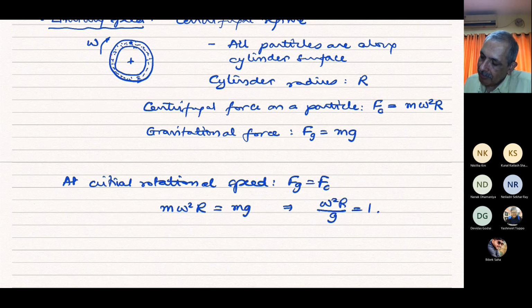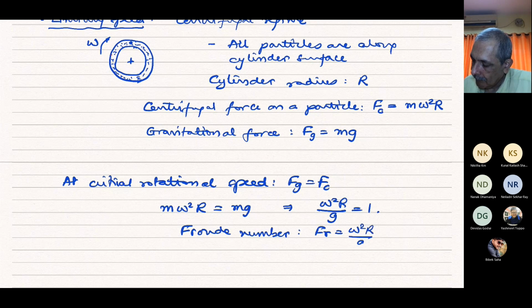This term, omega squared r by g, is generally referred to as the Froude number. And if it's equal to 1, then you will be in the centrifuging regime.